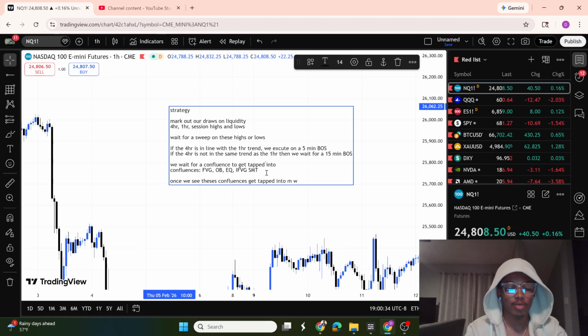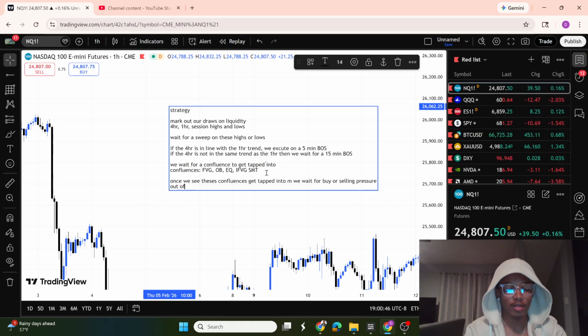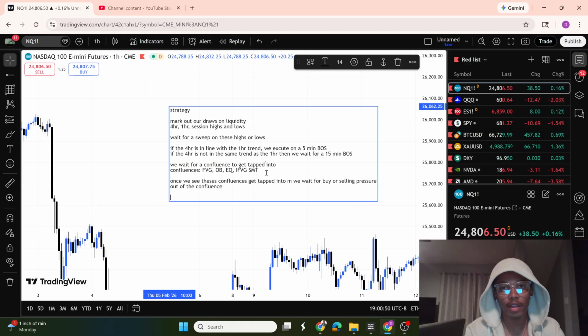So once we see these confluences get tapped into, we wait for buying or selling pressure out of the confluence. What does that look like, you may ask?